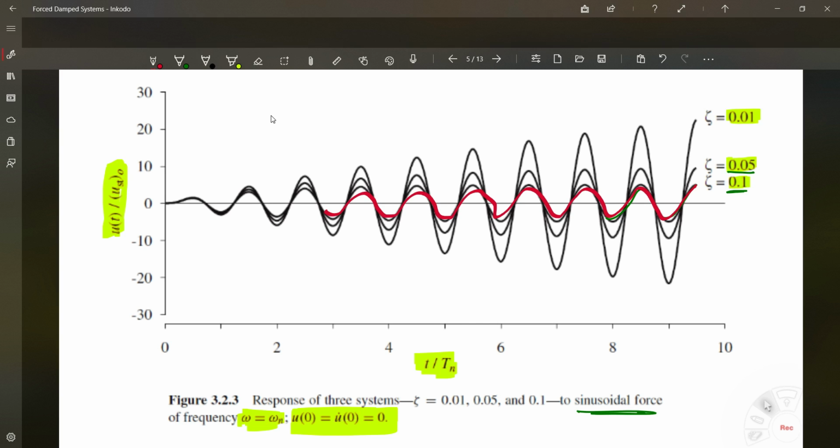But look at the case where we have the lower damping ratio of 0.05. You are going to find that the peaks are going higher every time, right? Look here, this is the case for damping ratio 0.05. But look at the case of a very small damping ratio like 0.01, you are going to find that the peaks are higher and higher, right?